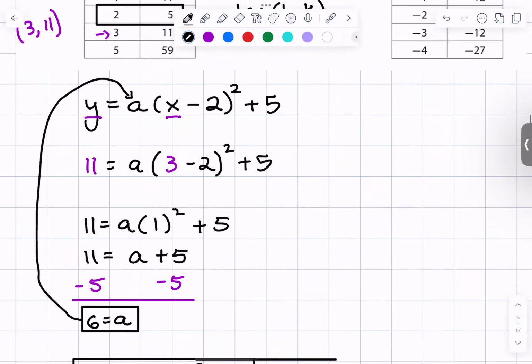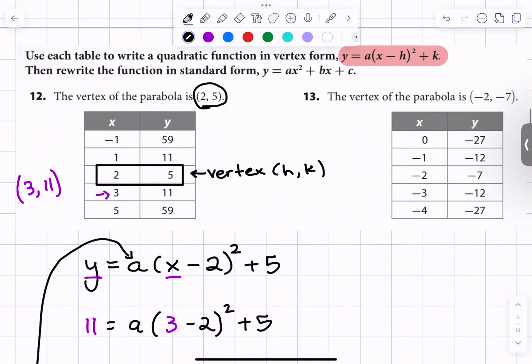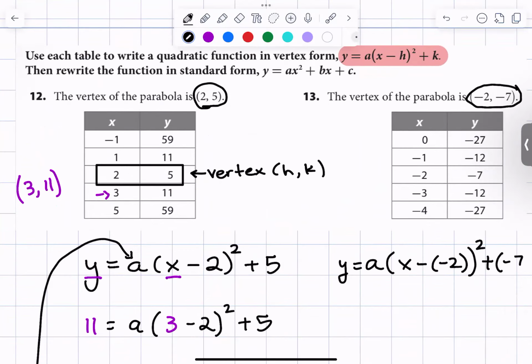Performing the same thing here. My vertex of the parabola is -2, -7. So I can say it's y equals a times (x minus -2) squared plus -7. So this will be y equals a times (x plus 2) quantity squared minus 7.